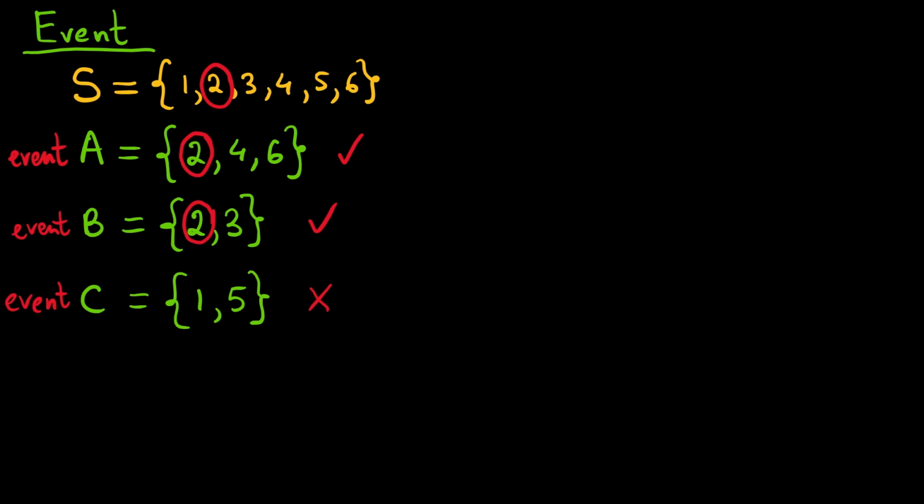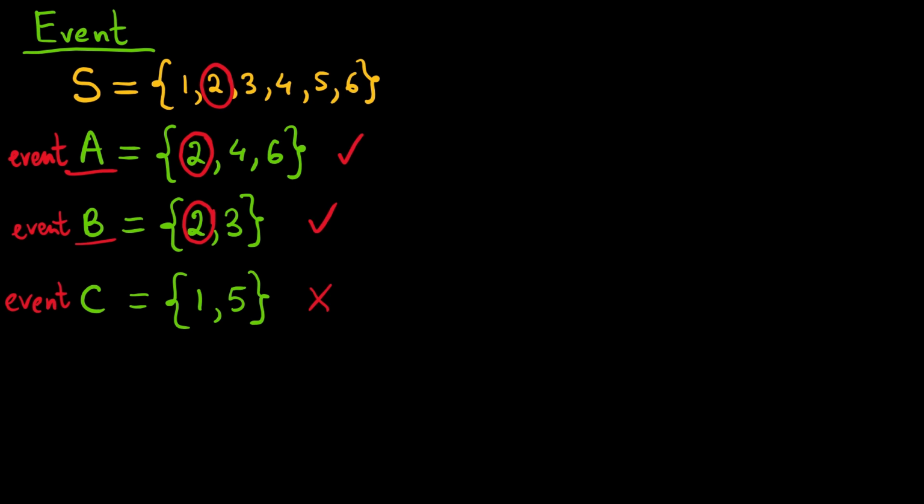But when we talk about the probability of something, we'll want to use the term event. And in a minute we'll look at what it means to study the event that both event A and event B happen.